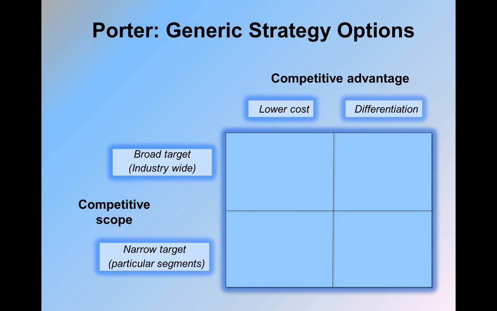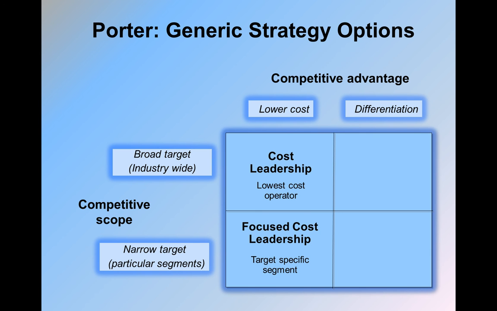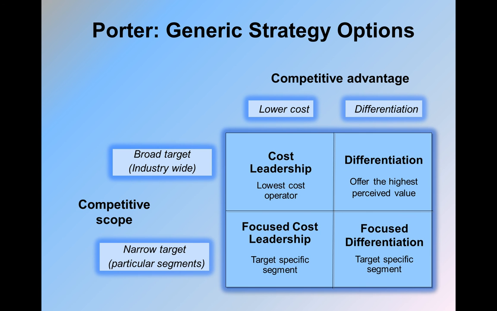So with these two variables, we end up with these four generic strategies: cost leadership, differentiation, both concerned with addressing a large, broad target section of the industry, or focused cost leadership and focused differentiation, which are based on narrower targets within a broader industry. So we'll look at these four different options in a bit more detail.